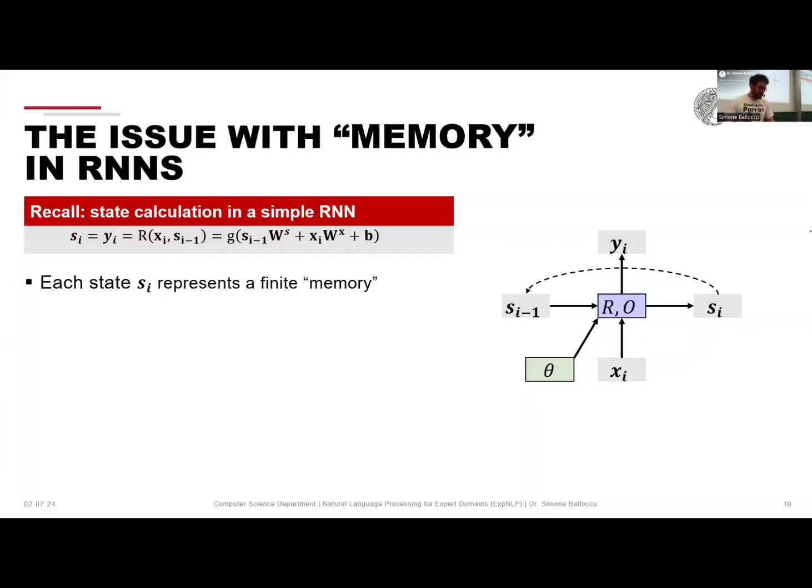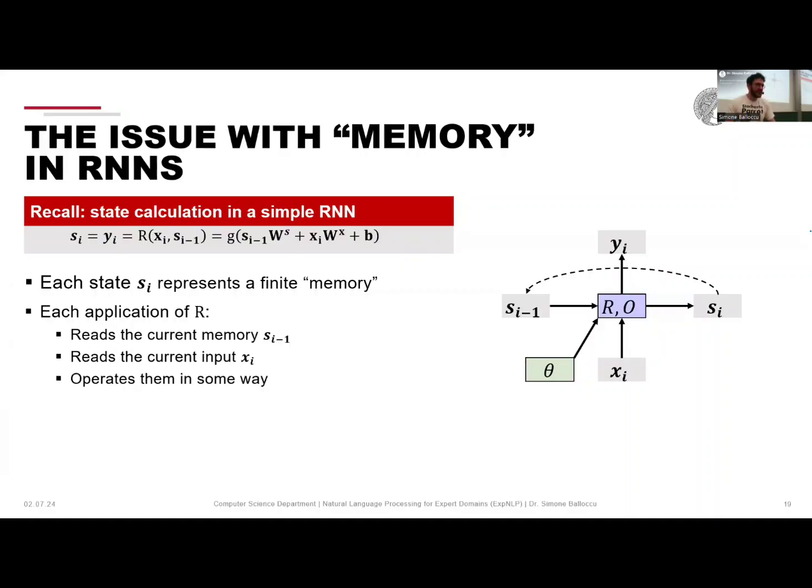Now, each state represents memory somehow. It's an abstraction. Every time we apply R, I'm excluding O because, considering the network, O is just an identity and doesn't do anything. We read the current memory, so the state from the previous computation. We read the current input. We operate on them in some way, like the network does the fancy linear combination plus a hyperbolic tangent or ReLU.